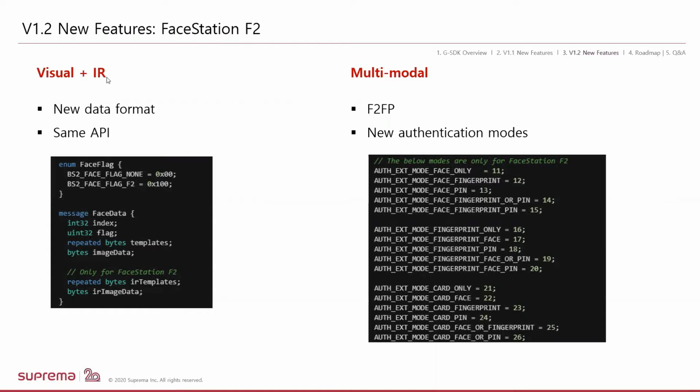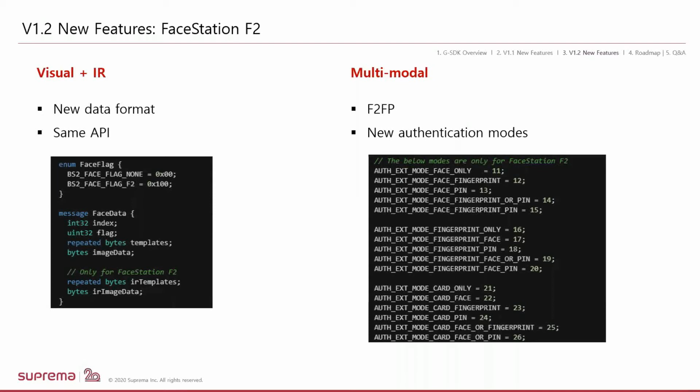The main characteristic, the major differentiation point of F2 is that it provides both visual and IR cameras. So by combining these two technologies, it provides very good authentication performance.